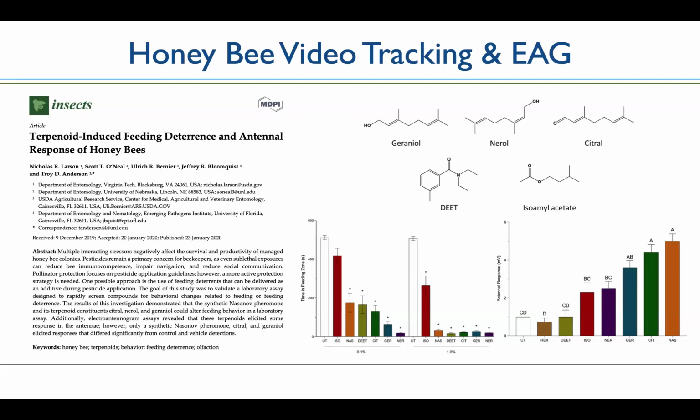So yeah, that's a good point. Geraniol, nerol, citral, isoamyl acetate: these all make up what we know as Nasonov pheromone in bees. It's an aggregation pheromone. But this was a case where if you separate each one of those single compounds, you get repellent effects.